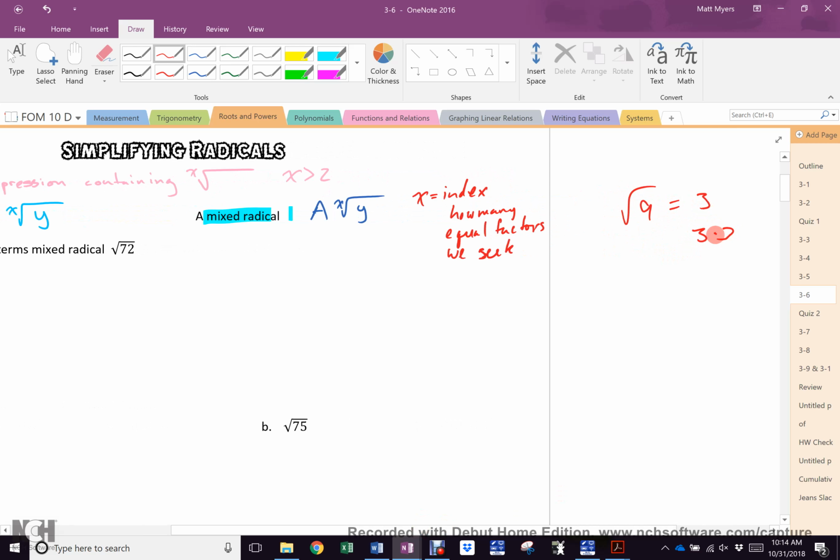Right? Square root of 64: 8, because 8 times 8 is 64. 2 equal factors. Square root of 4/9: 2/3 because 2 times 2 is 4, 3 times 3 is 9. Everybody's cool with the squares? Yes.